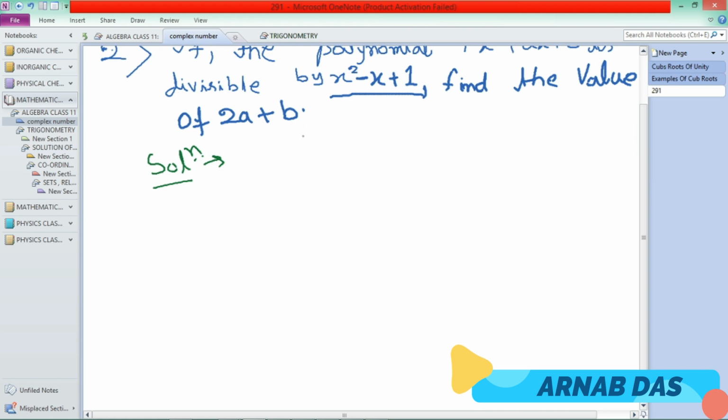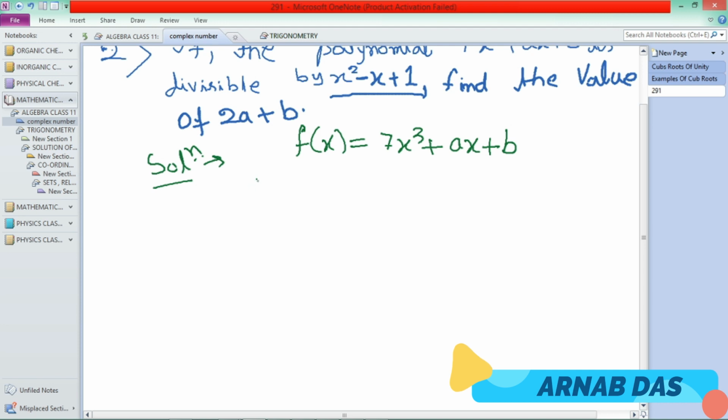Let the function f of x equal 7x cube plus ax plus b.